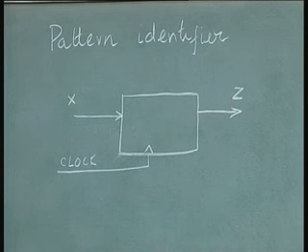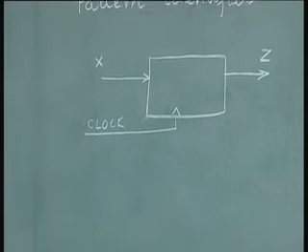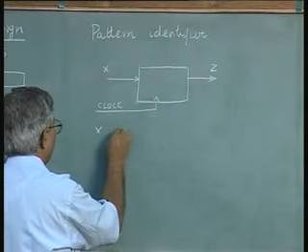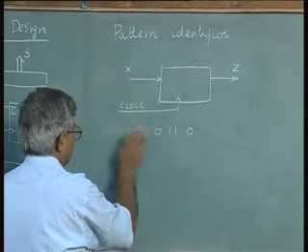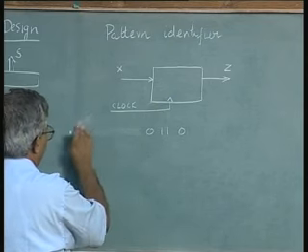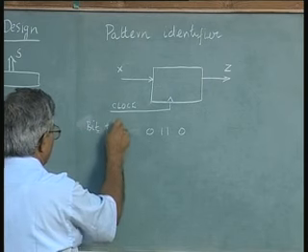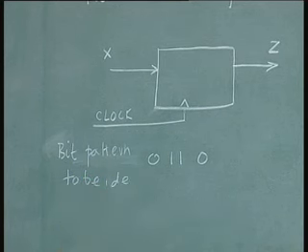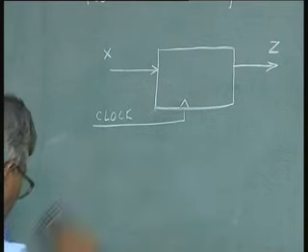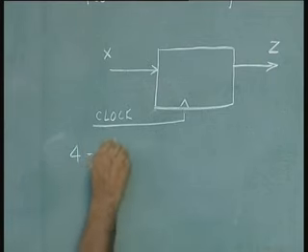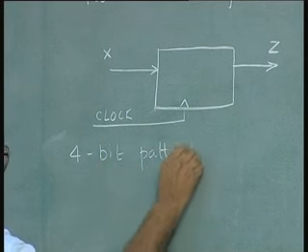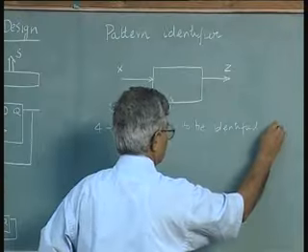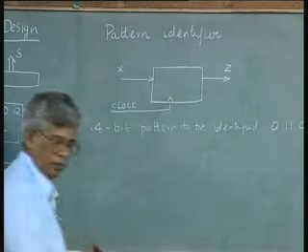Now, let me say for example, I want to detect a pattern of 0 1 1 0. The bit pattern to be identified is a 4-bit pattern, 0 1 1 0.